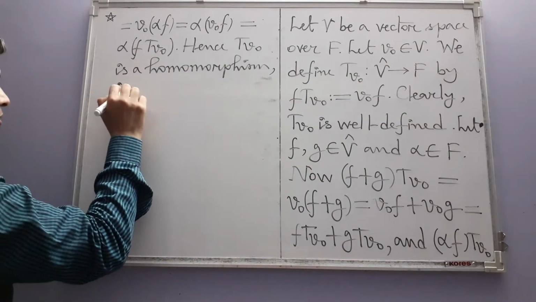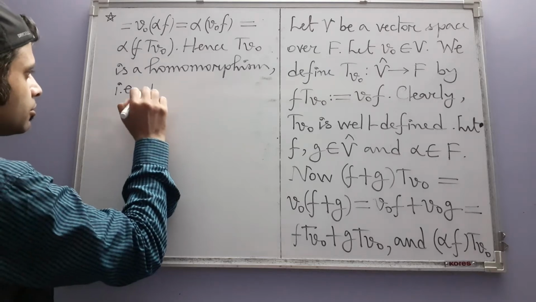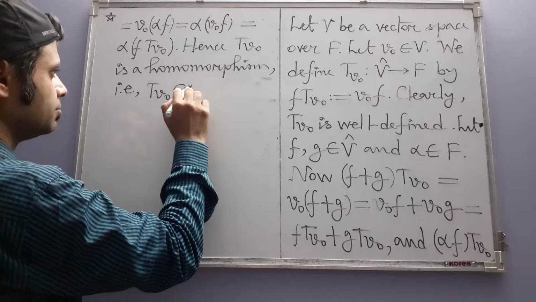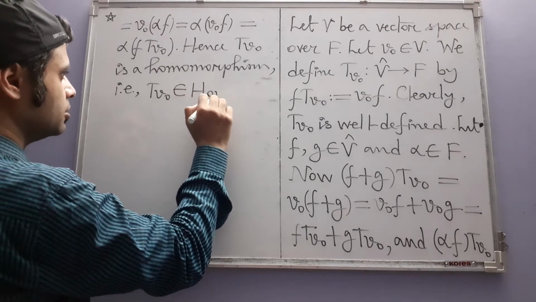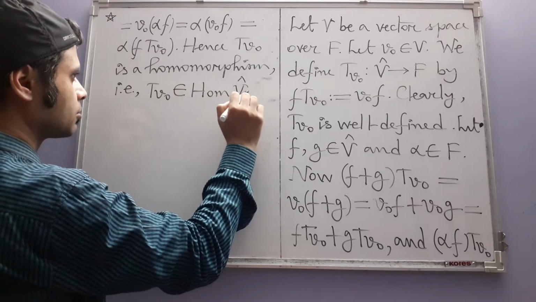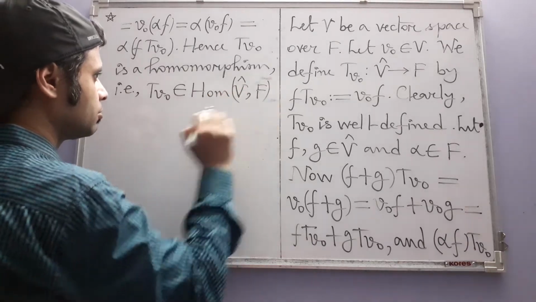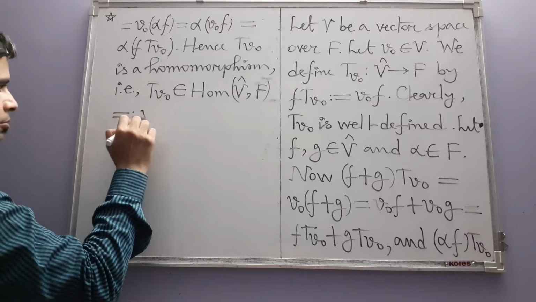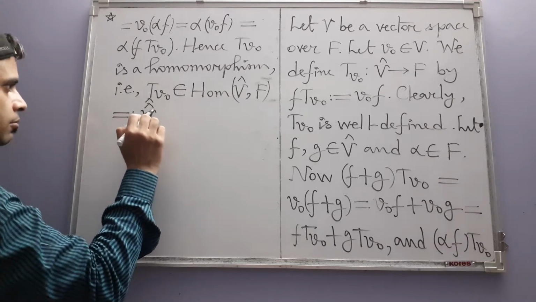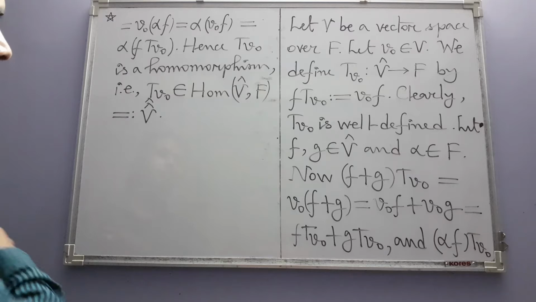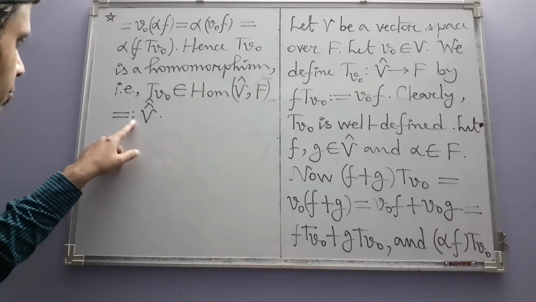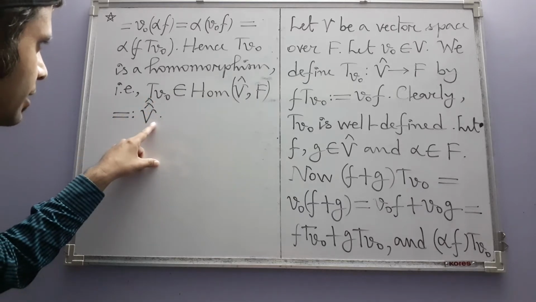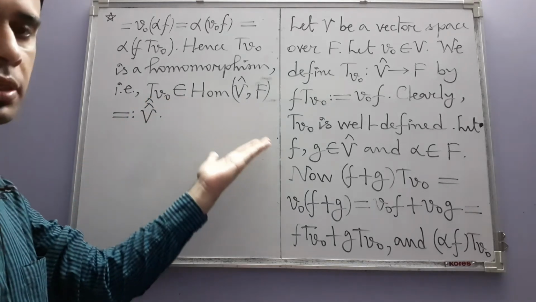So that is why, i.e., t v naught belongs to this, which is nothing but this. We are putting colon here because this is just a symbol we are defining, and its meaning is this.